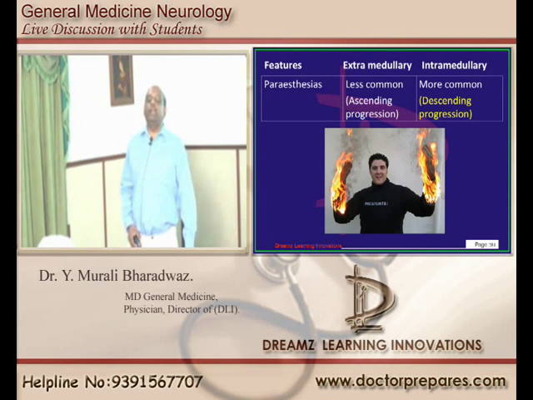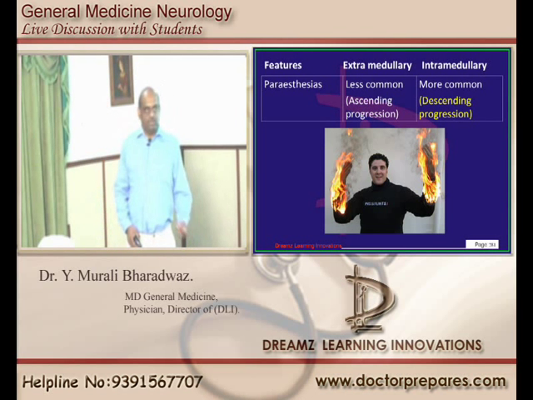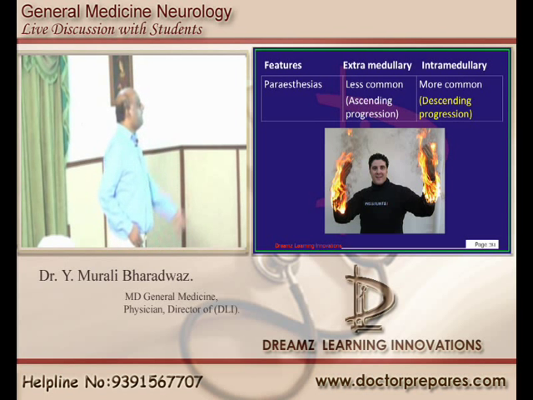Paresthesias, are they more common if it is extramedullary or intramedullary? Paresthesias are more to do with the sensory tract. Sensory pathway can get affected, the lateral spinothalamic tract and so on. They are more often affected in the intramedullary. And in the intramedullary, the spinothalamic tract fibers are typically located cervical closer, sacral last.